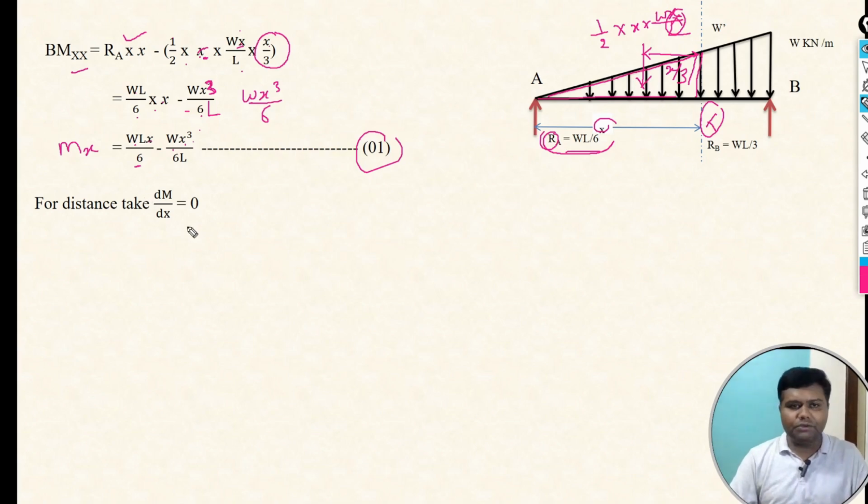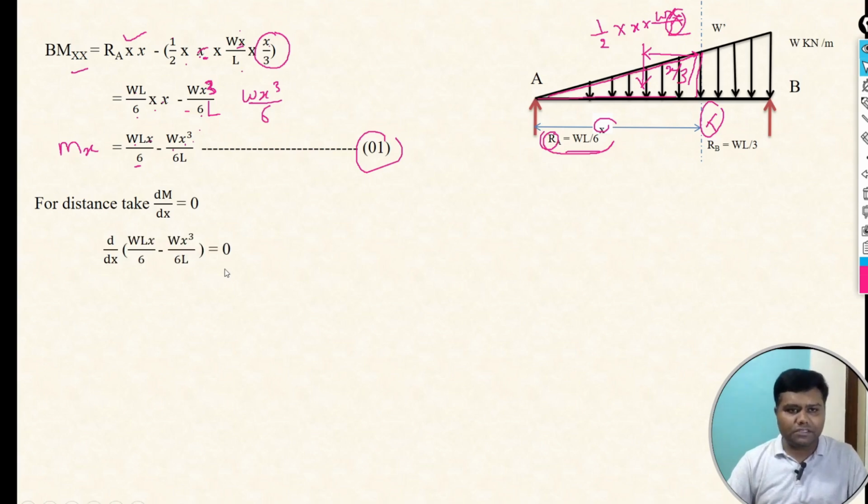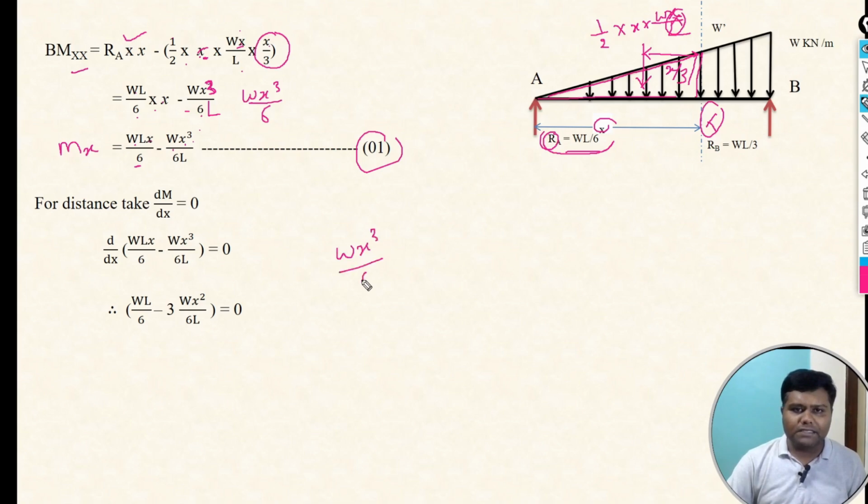The derivative of WLx by 6 is only WL by 6, and the derivative of wx cube by 6L is what? 3wx square divided by 6L.